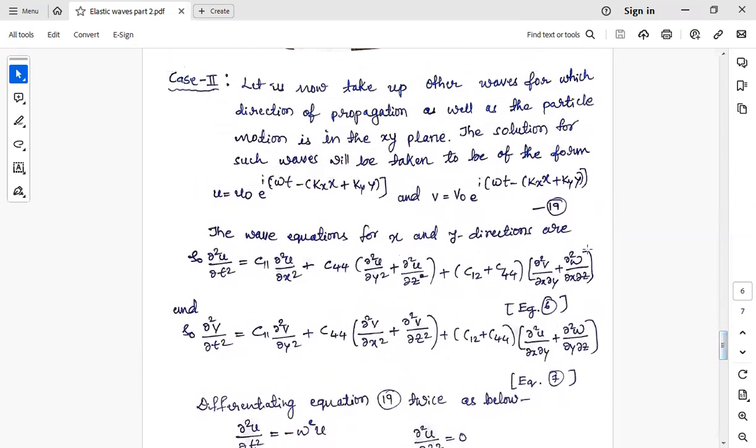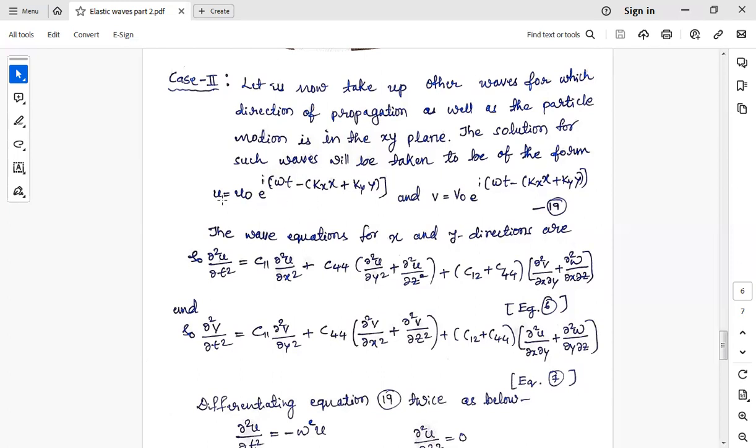That means u is equal to u naught, this will be there, and v is equal to v naught, this. Since the wave is propagating in the xy plane, there will be vibrations along the x-axis and y-axis.